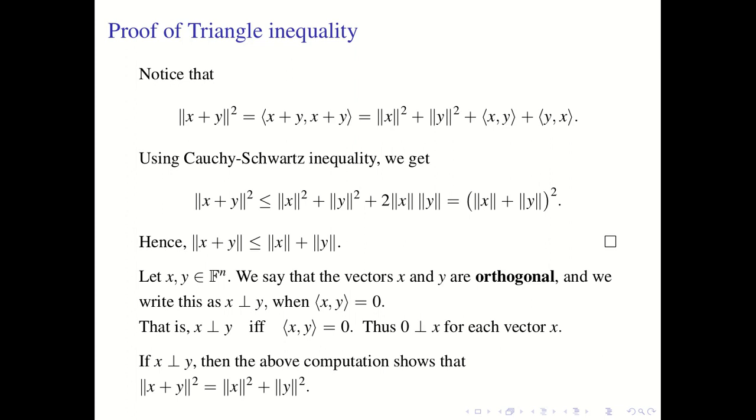Now if you look at the expansion of norm of x plus y the whole square written above, you can immediately see that if x is orthogonal to y, then norm of x plus y square is equal to norm x square plus norm y square, because inner product xy is 0.